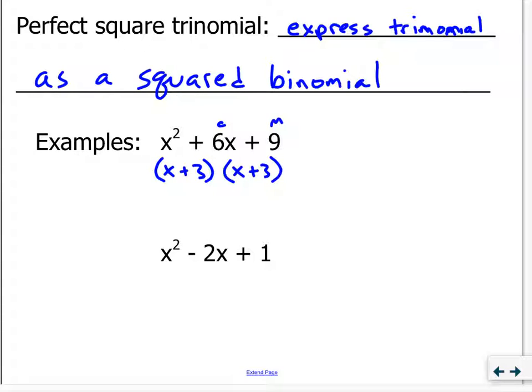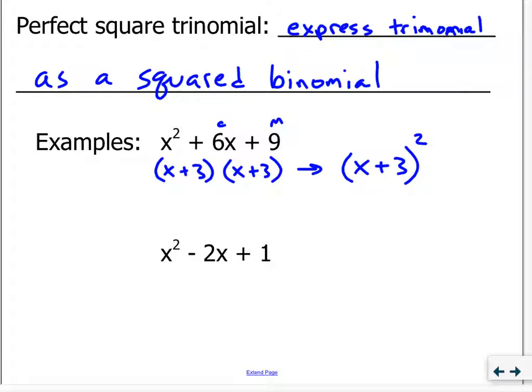And here's what makes this x squared plus 6x plus 9 a perfect square trinomial: when we write the answer, we can write it as the square of x plus 3. So that's a squared binomial. A squared binomial is something like the square of x plus 3. So that means that the trinomial x squared plus 6x plus 9 is a perfect square trinomial.